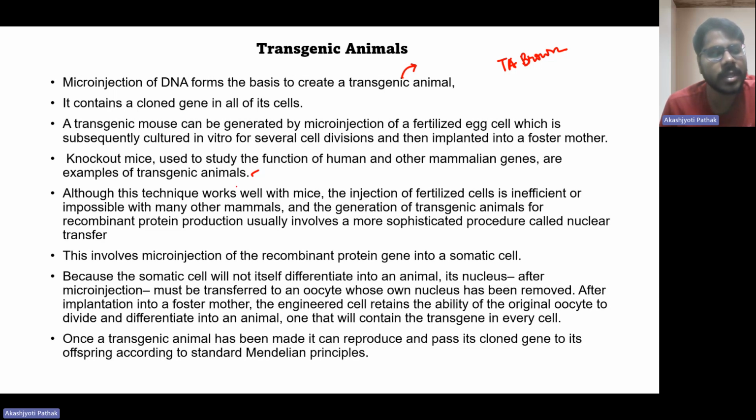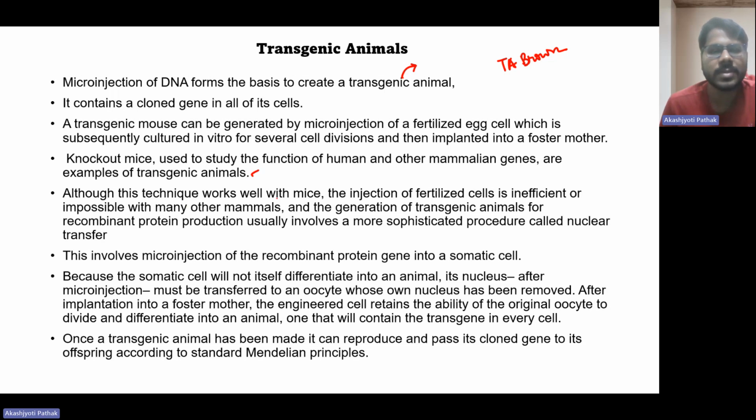There are two ways. Either you delete that gene and see what the effect is, or you can mutate it and see what the changes are. Or if you know that a gene when mutated produces a particular phenotype, you can check how this takes place by creating these knockout mice.